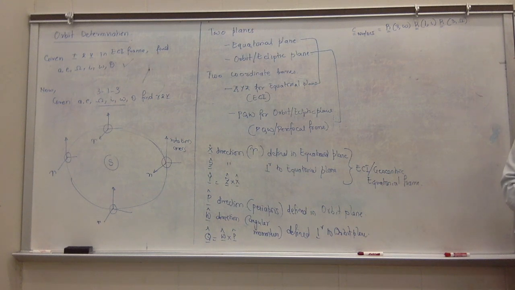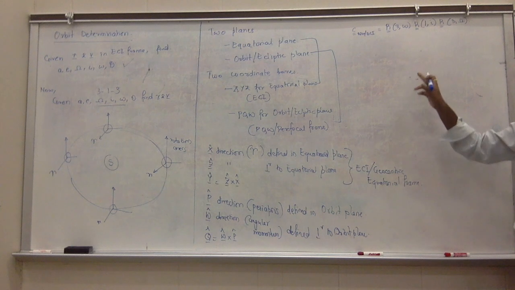And once you go into the orbital frame, let's say you have to rotate about Y instead of Z again. You can go from the equatorial frame to the orbital frame using any sequence: 1, 2, 3, 3, 2, 1, 3, 1, 3, 2, 1, 2, 1, 3, 2, 3, 2, 1.